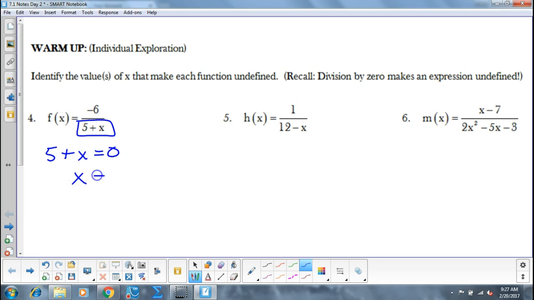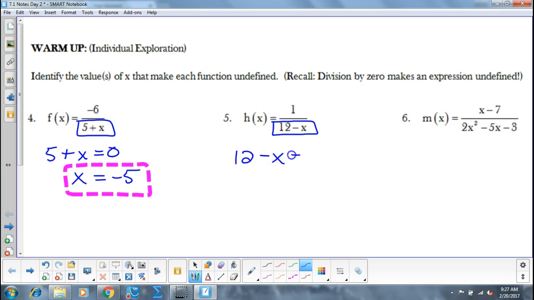So that's when x is negative 5. So if x is negative 5, the first rational function is undefined. Second one, I'm looking at where 12 minus x is equal to 0. So that would be where 12 is x. Right?